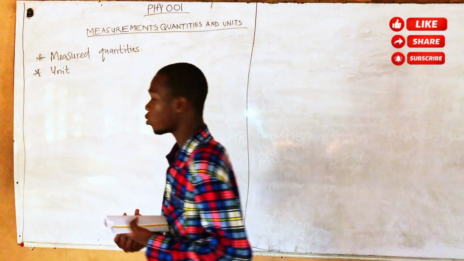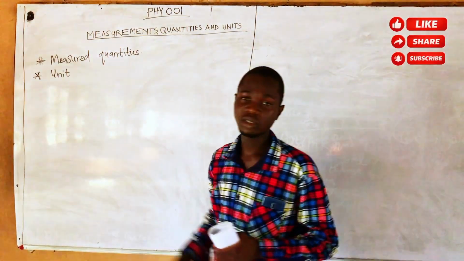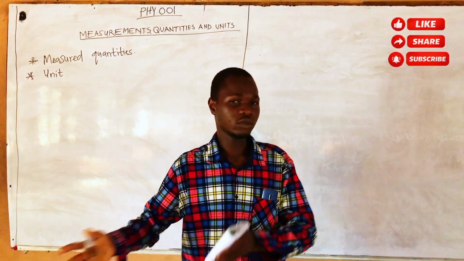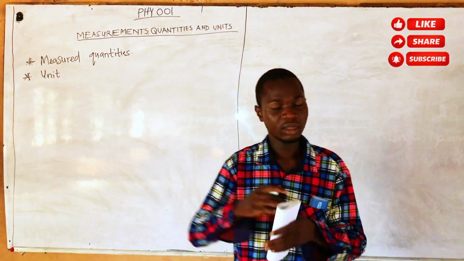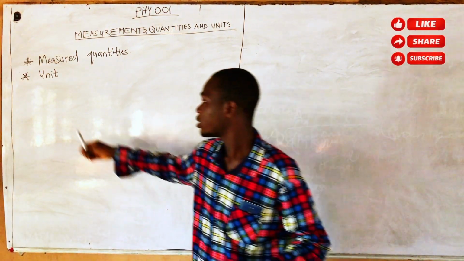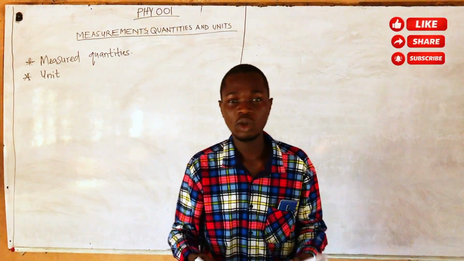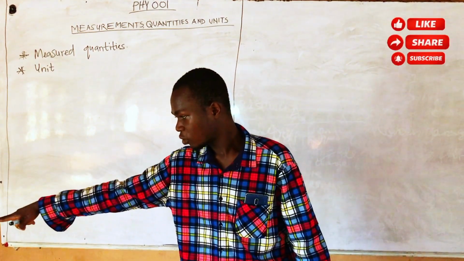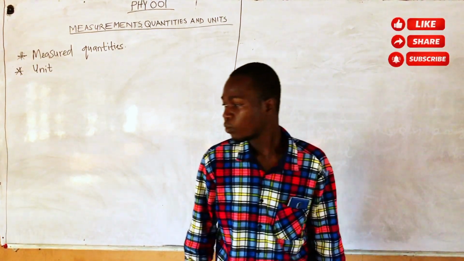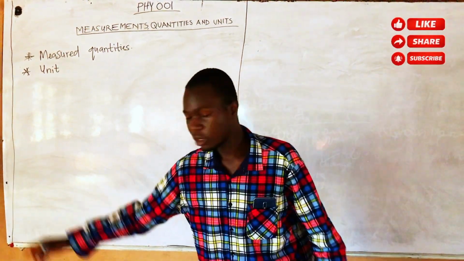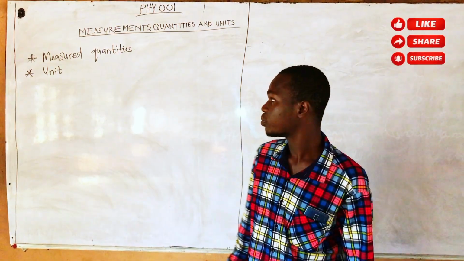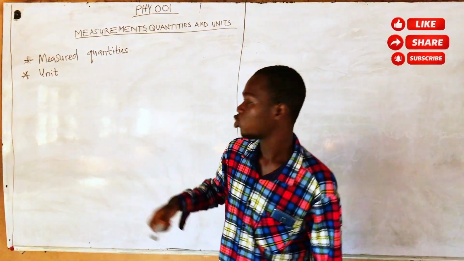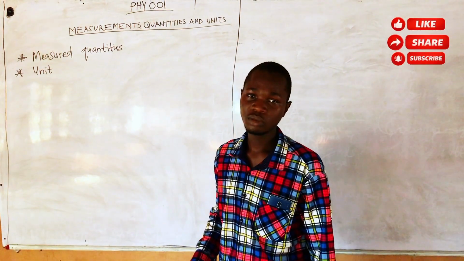Measured quantities are numerical values like 24, like 90, like 1 and the rest. Why the unit? The unit signifies what you are measuring. For example, I want to take the length from that place to this place. Let me say from that place to that place is 120 inches, right? So that inches that I put, that's my unit.